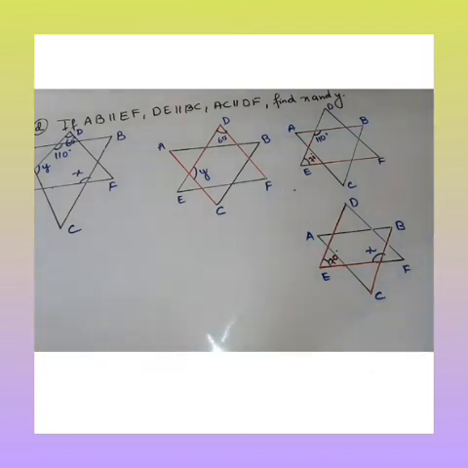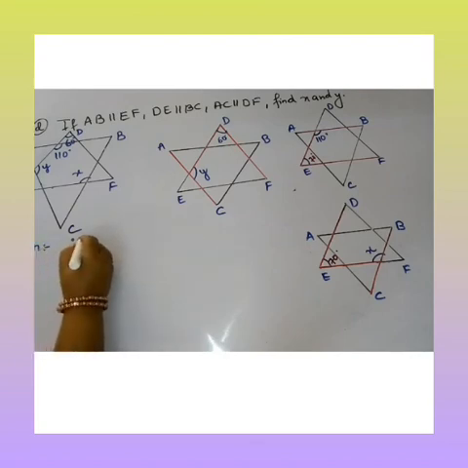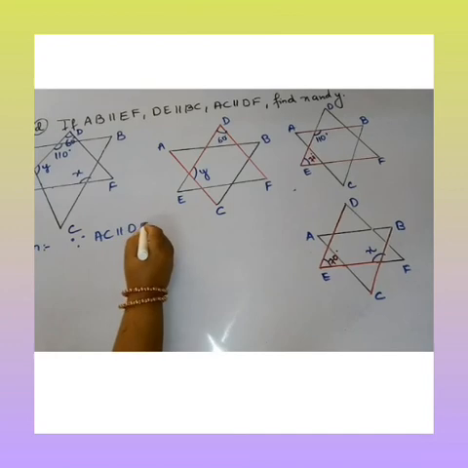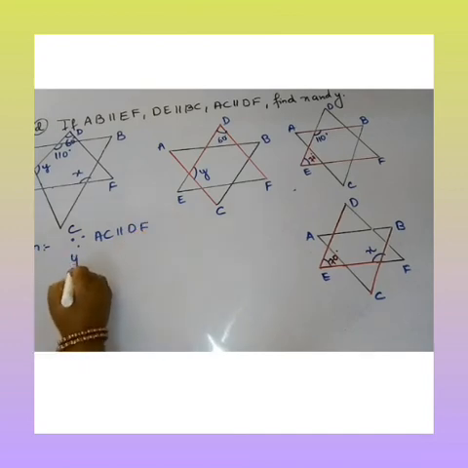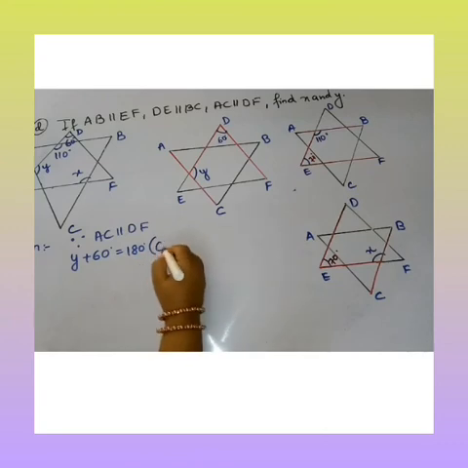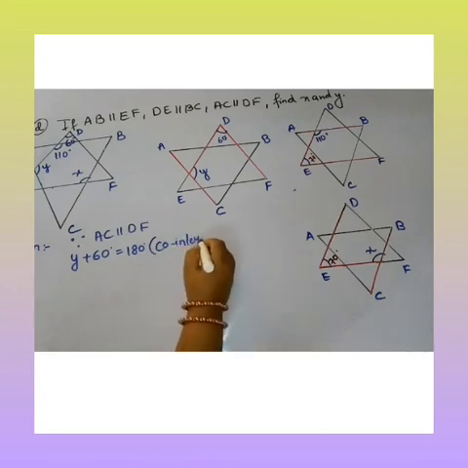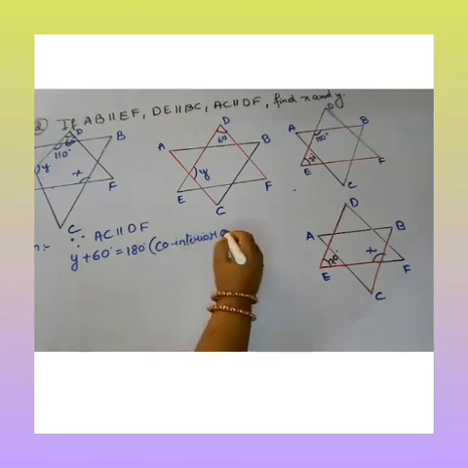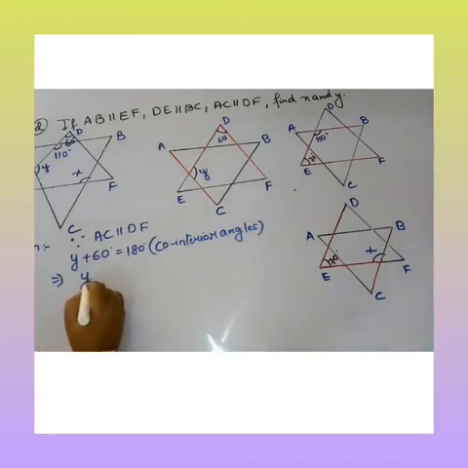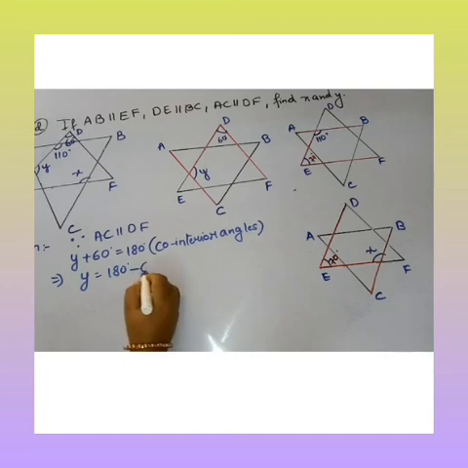So first of all, I will write here since AC is parallel to DF, so y plus 60 degree is equals to 180 degree. The reason is co-interior angles. That means I can write here y is equals to 180 degree minus 60 degree.